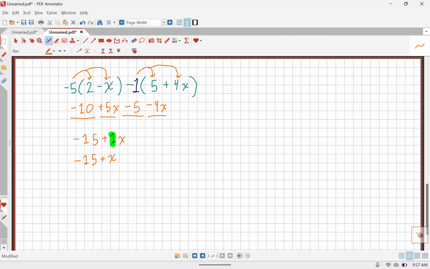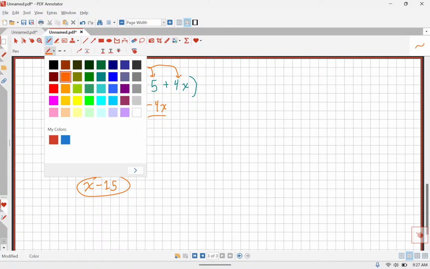So instead of negative 15 plus x, I have to swap these places and make it x minus 15. The simplified version is the one where the constant term, the one that doesn't have any variables, has to come last. It's because technically that should be plus x plus, minus 15, right? But when the plus is in front like that, it becomes invisible.